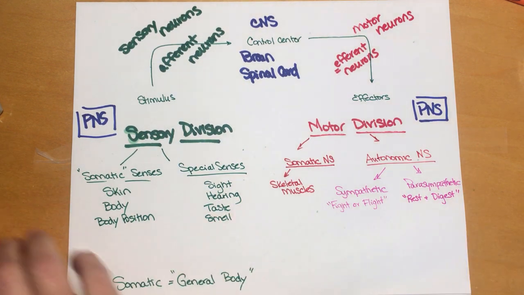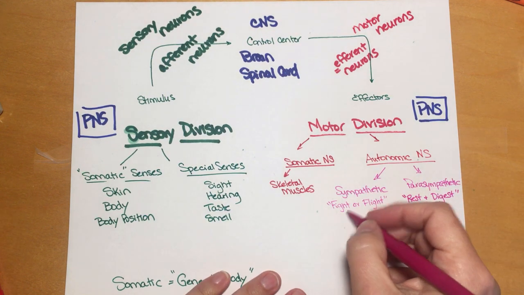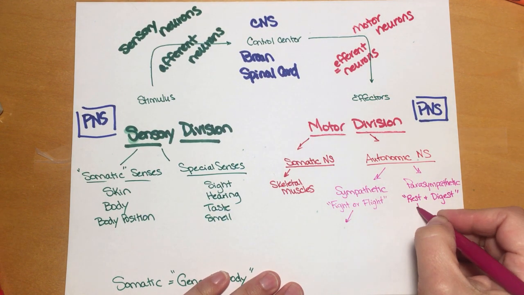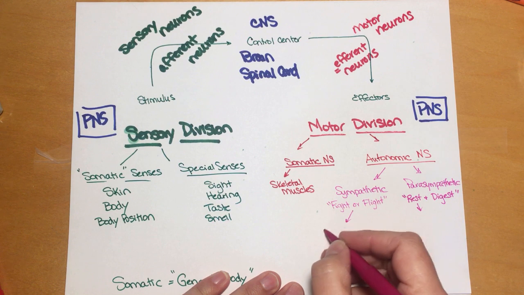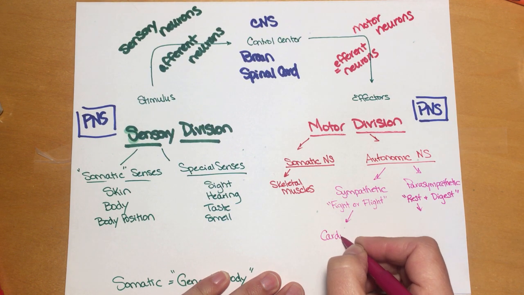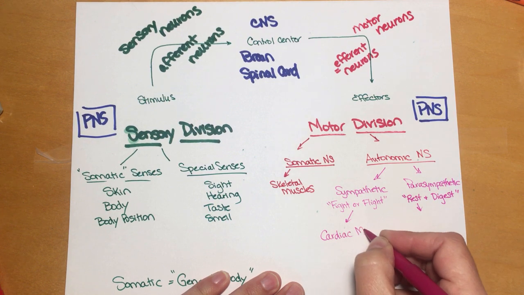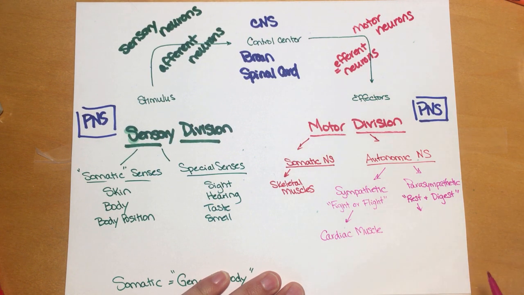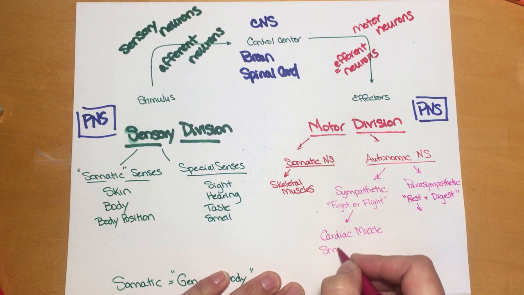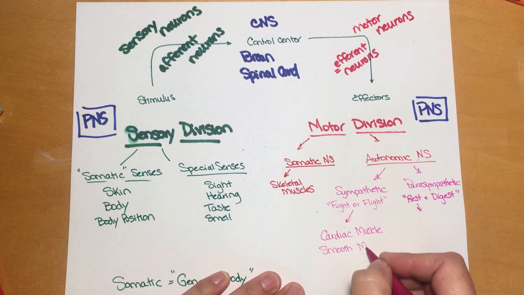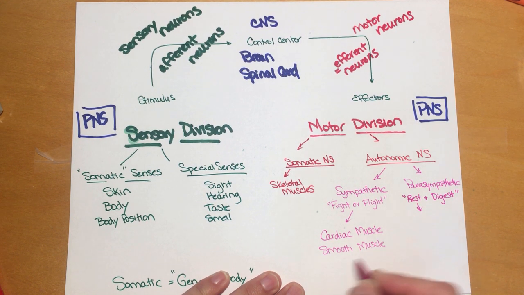So the types of things that these 2 areas are going to be controlling are the sympathetic nervous system is going to control your cardiac muscle. Also your smooth muscle, as well as your glands.